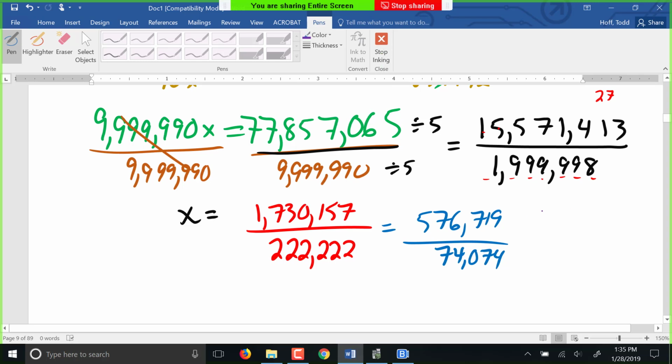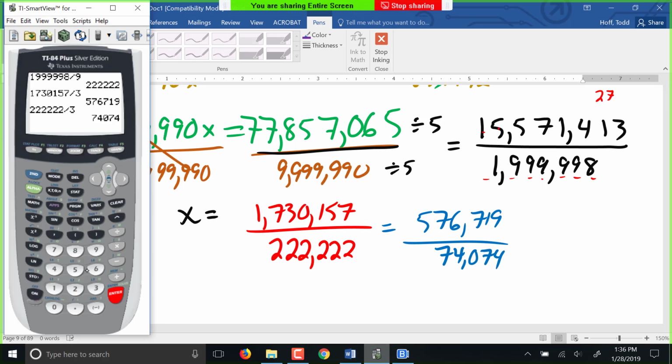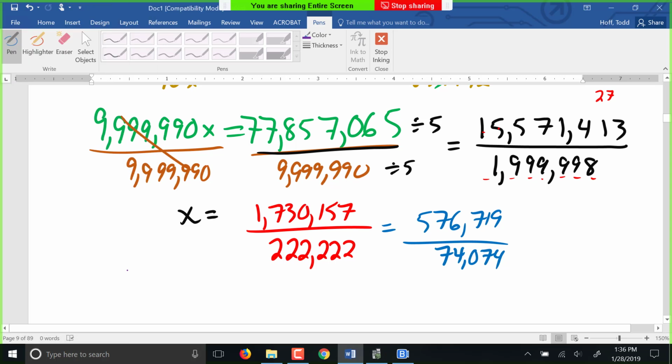Here's where it gets tricky to reduce this, but if you enter that now in your fraction calculator, it will reduce it. Nope, that doesn't work. Nope. This one's going to be a tough one to reduce. I'll leave it there. You guys can reduce it from there if you want to. It does get ugly. I could, of course, take out the 7.